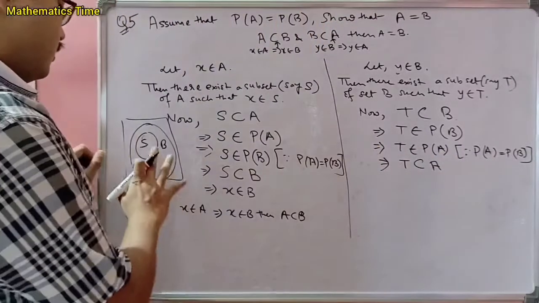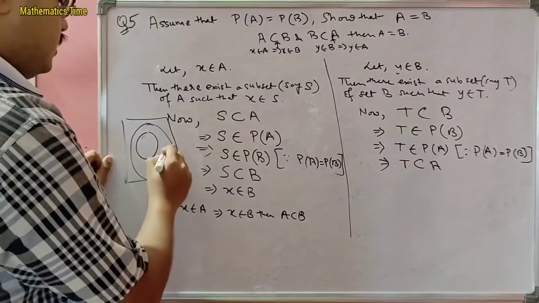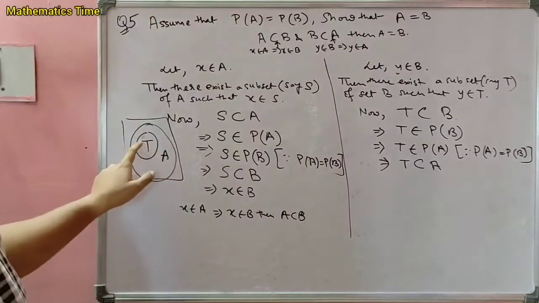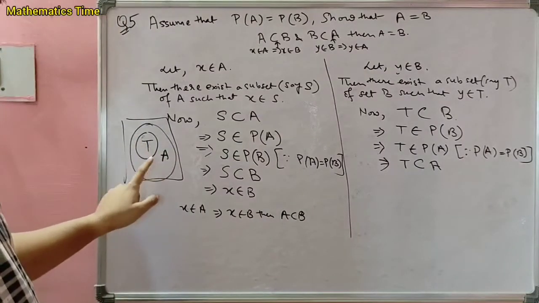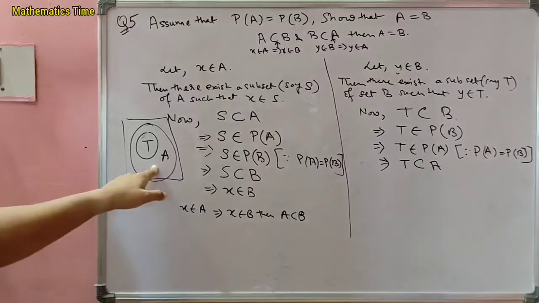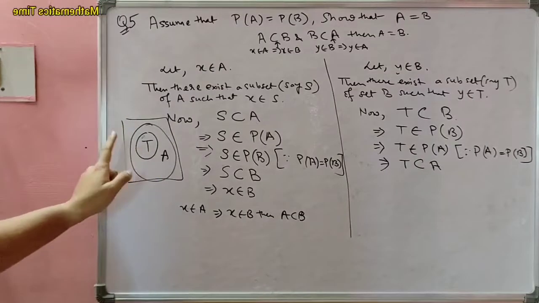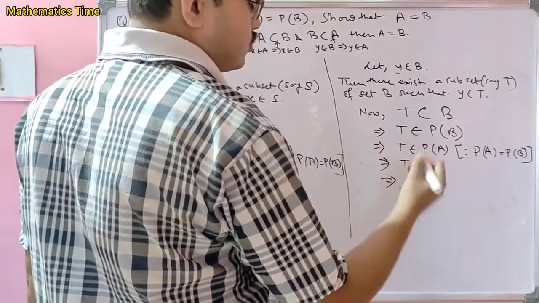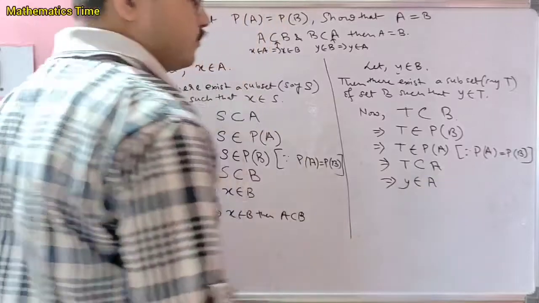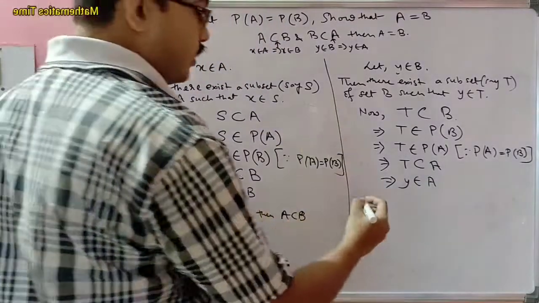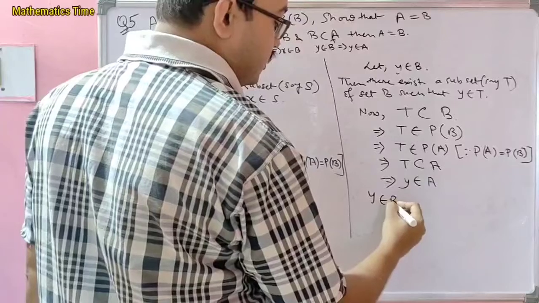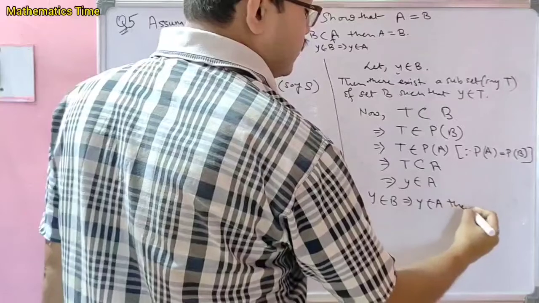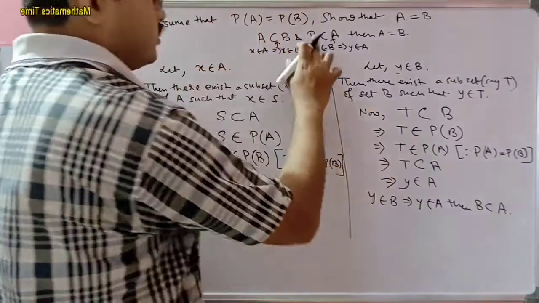Now same here, this is A, this is T. So Y belongs to T, Y is an element in T. So the element Y must be an element of A, because T is a subset of A. So Y must belong to A. So we started with Y belongs to B implies Y belongs to A. Then we can say that B is a subset of A. We achieved this.